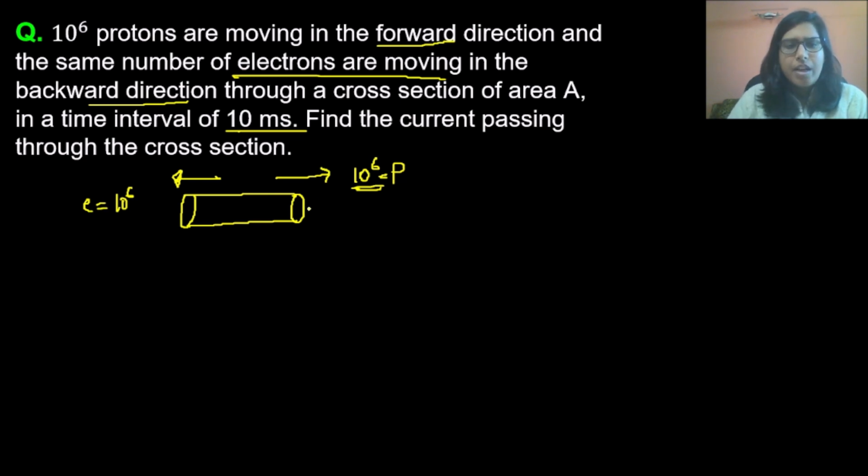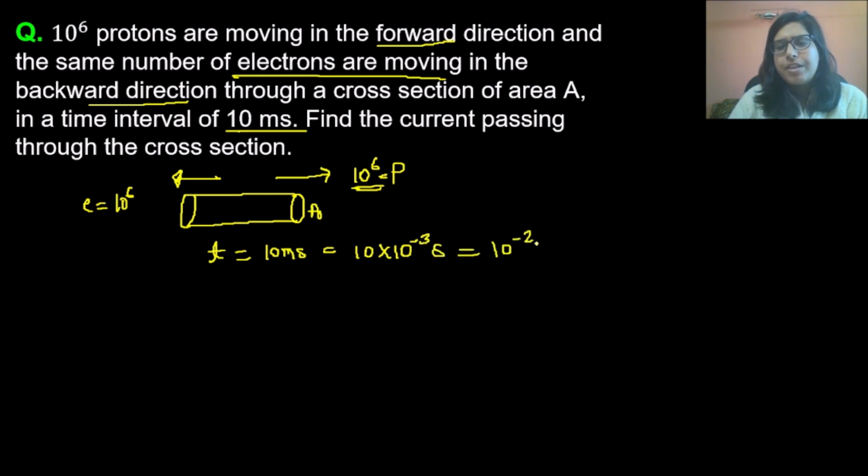Area of this cross section is given A and time is 10 milliseconds. That means 10 into 10 raised to power minus 3 second, or we can say 10 raised to power minus 2 second.